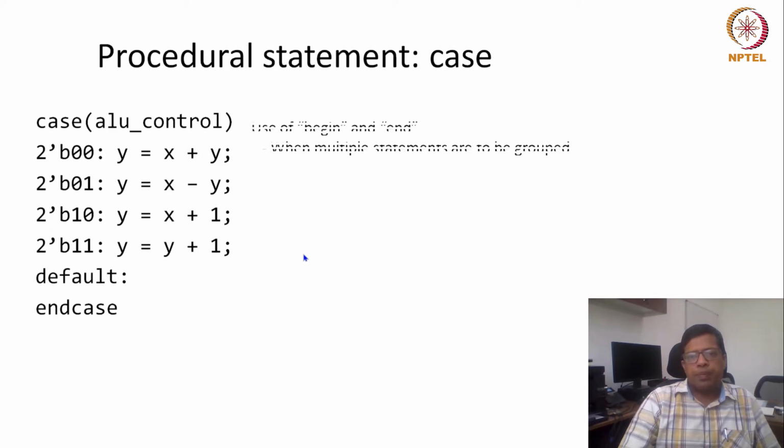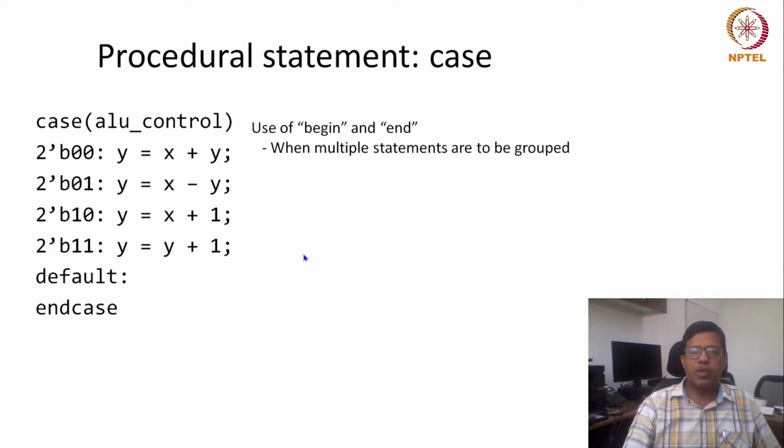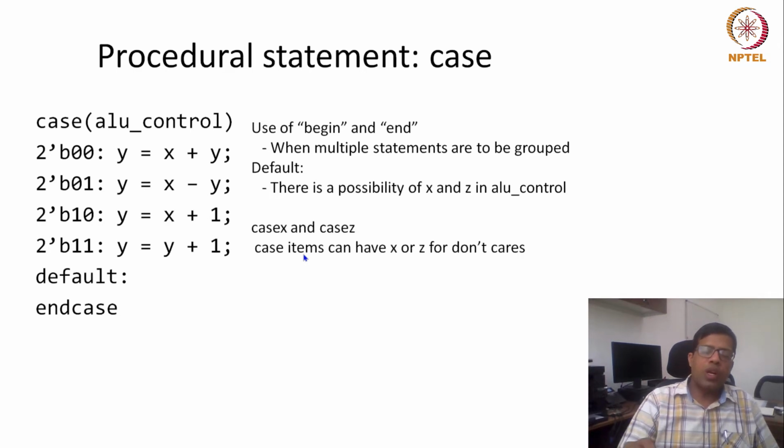So this we have already discussed, that if there are multiple statements, we have to use begin and end for that particular item. And default also we have understood, because there is a possibility of x and z. Now one more thing: there are some more advanced case statements called casex and casez. In casex, sometimes we would like to have a don't care condition.